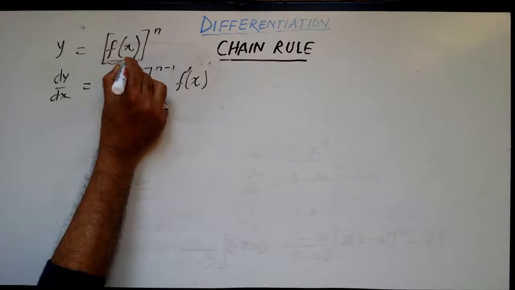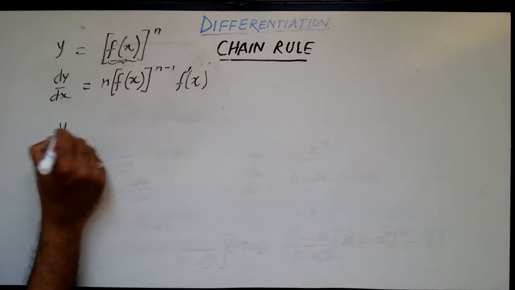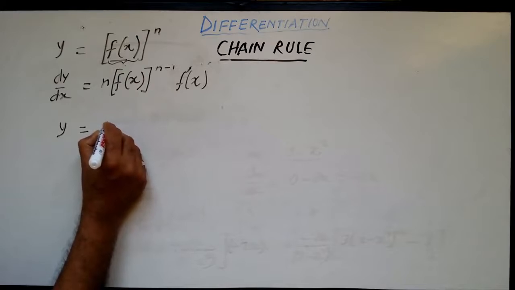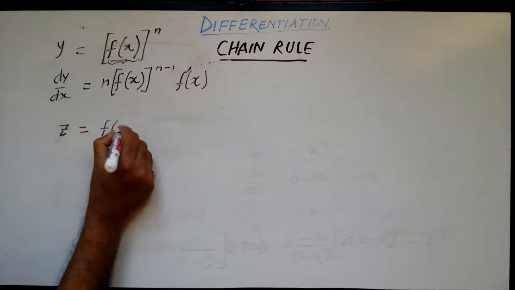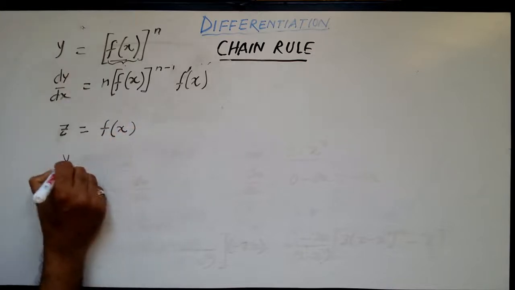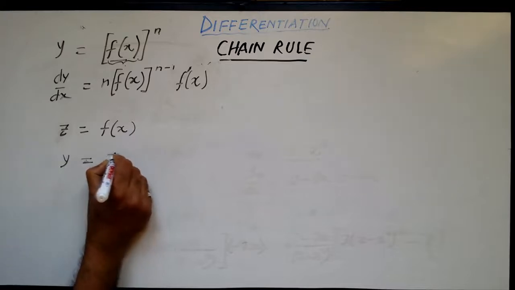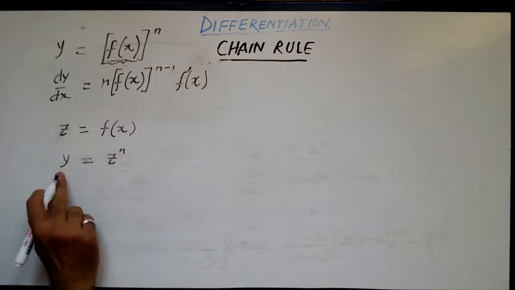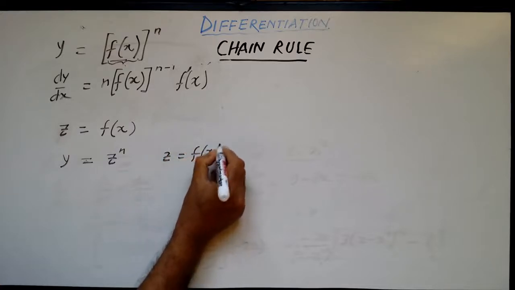How? We have just substituted this function with some intermediate function. So let's say z is equal to a function of x. So now y is equal to z to the power n. So now y is a function of z and z is a function of x.